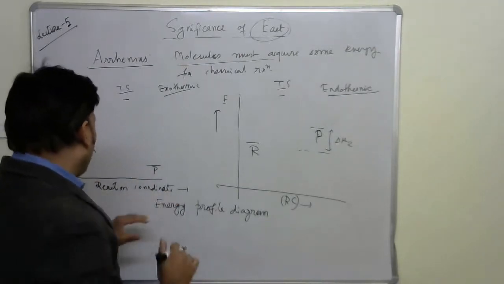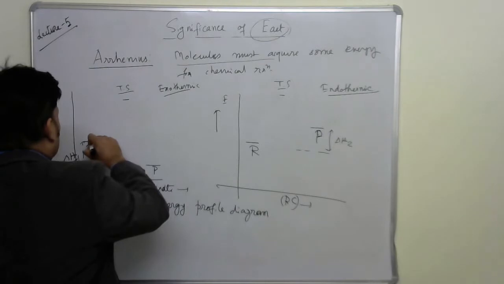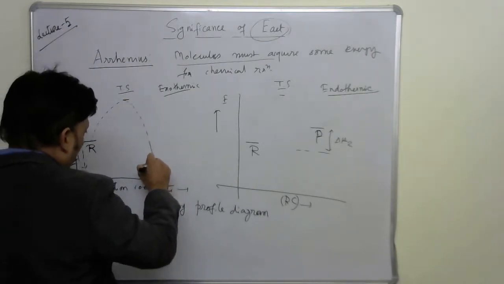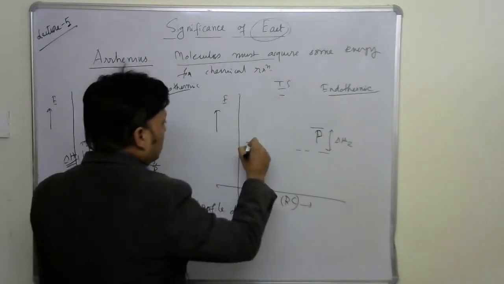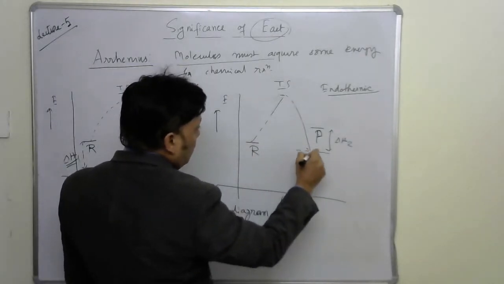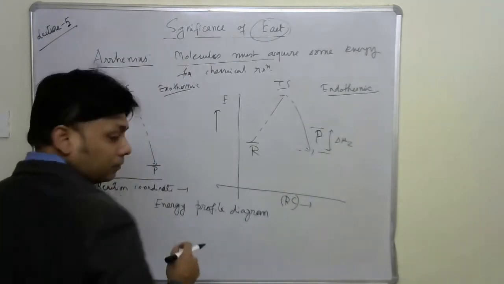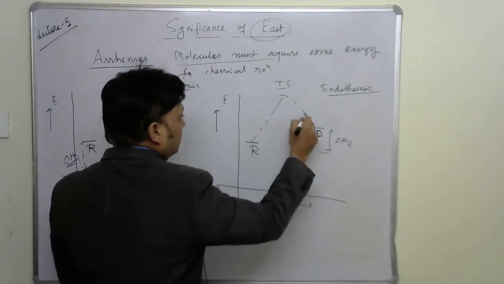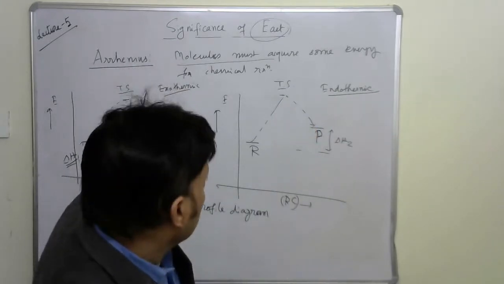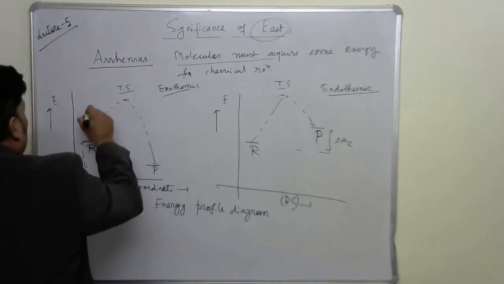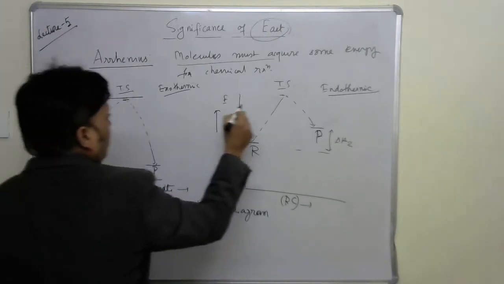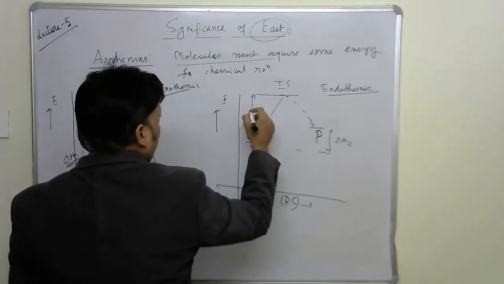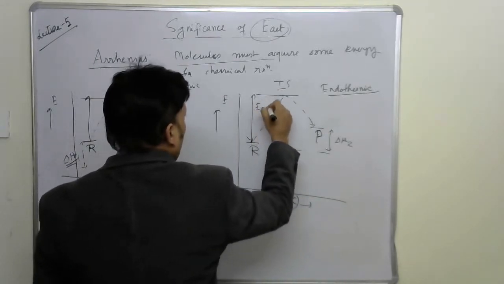With the progress of the reaction, the reactant molecule must reach this transition state and then go to the product. Same here. It should go up to here. So the molecule has to gain this much energy, and that is the energy barrier. This energy is known as the energy of activation, EACT.